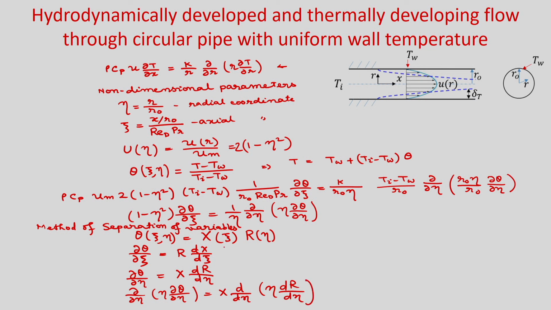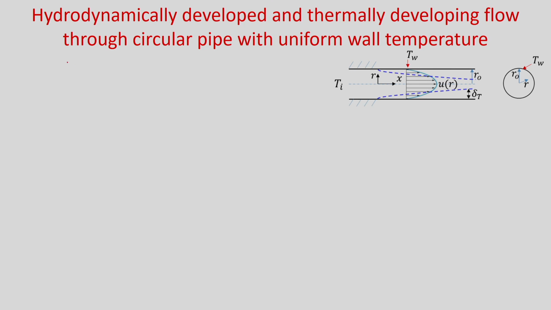Okay. So, all these you put in this equation and write finally, after rearrangement, 1 by X dX by d xi is equal to 1 by (1 minus eta square) eta R, d of d eta, eta dR by d eta.